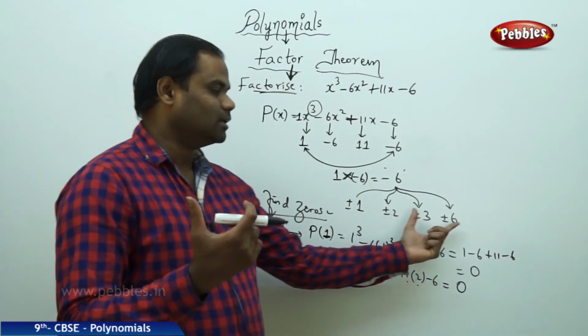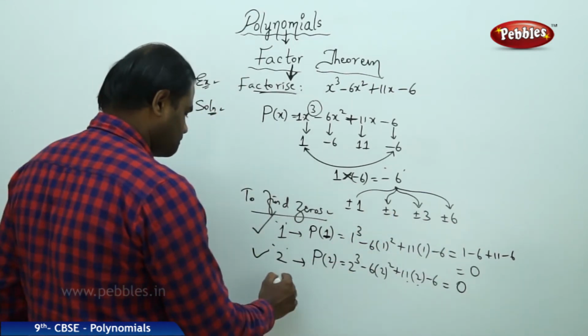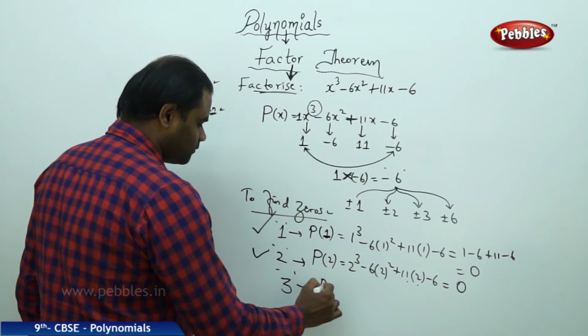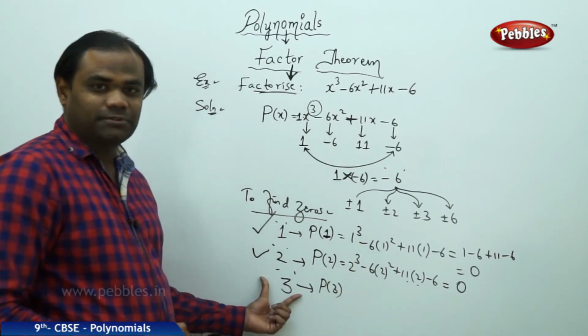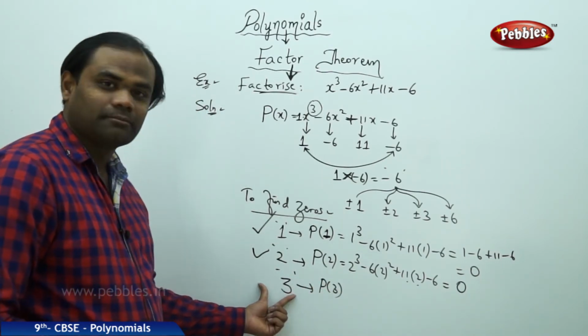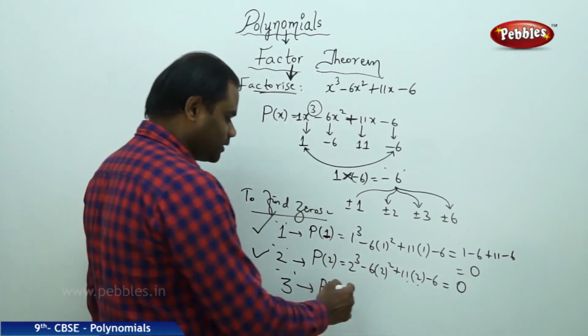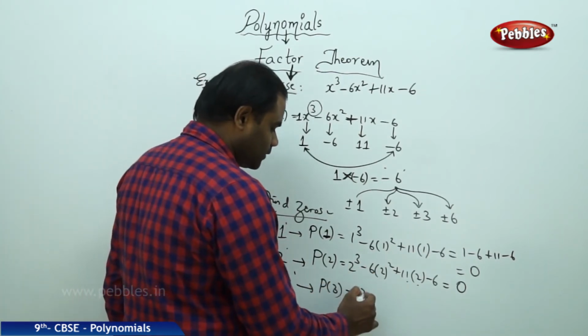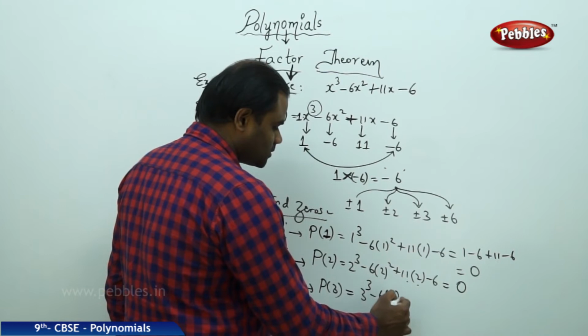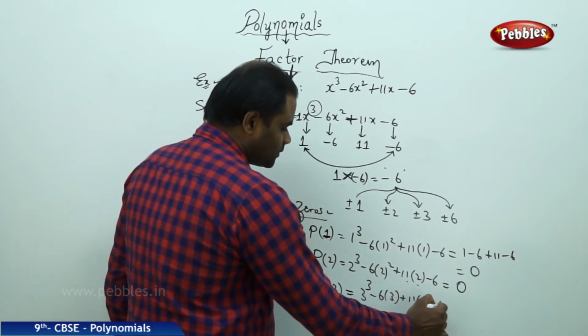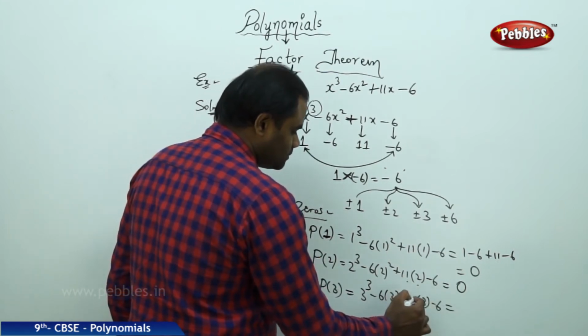Similarly, I try with the other pair. When I check p of 3 for a zero of the polynomial, I substitute and get 3 cubed minus 6 times 3 squared plus 11 times 3 minus 6.